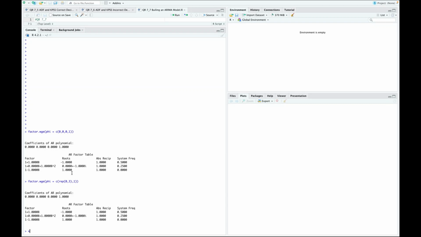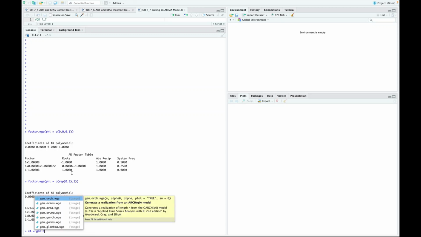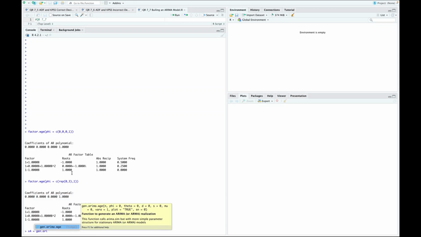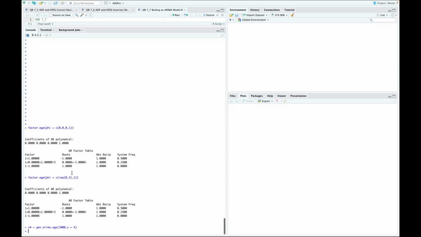We'll generate it really long. So we'll say x4 equals gen.arima.wge. Let's generate 1,000 observations, and let's just let s equals 4. However you generate it, if it's s equals 4, we'll be fine.